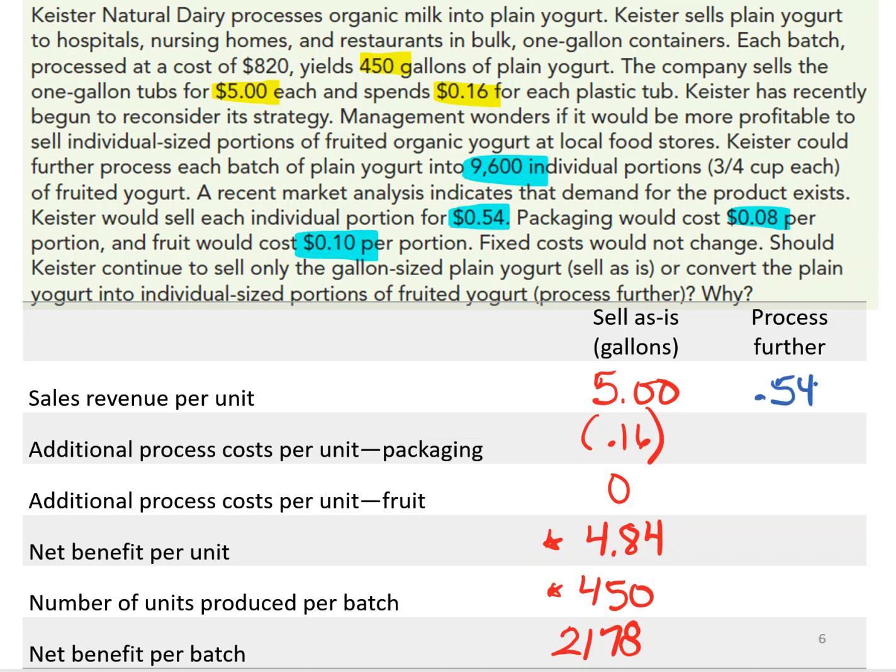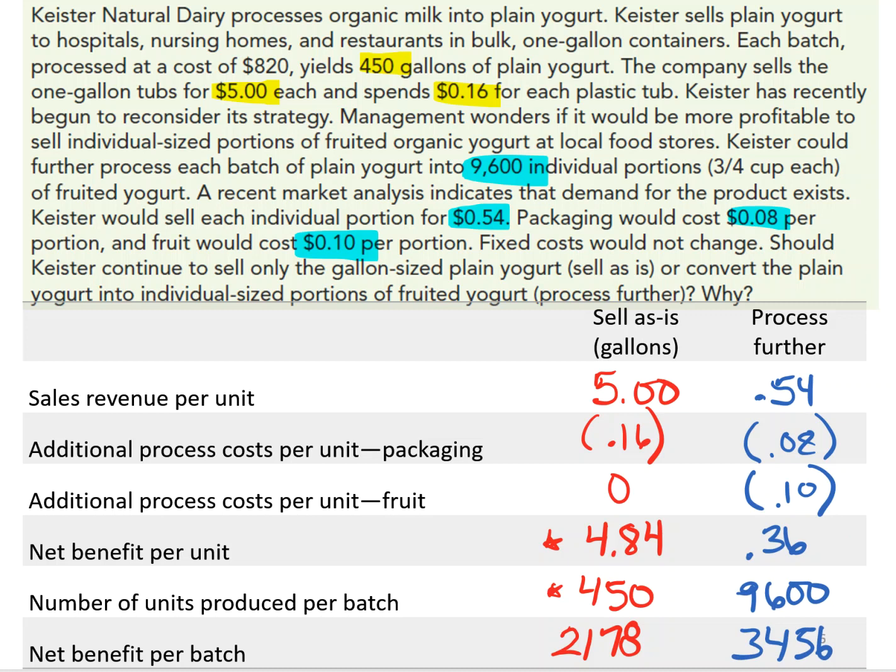Additional cost to package would be 8 cents plus the 10 cents for the fruit, which leaves a net benefit per unit of 36 cents. Multiply that times the 9,600 units, and that gives us a net benefit per batch of $3,456. So you tell me, which of those do you think the company should pursue?